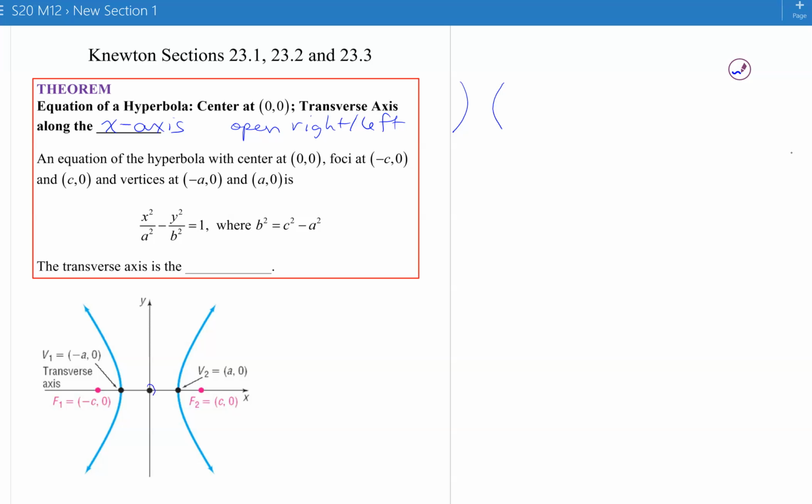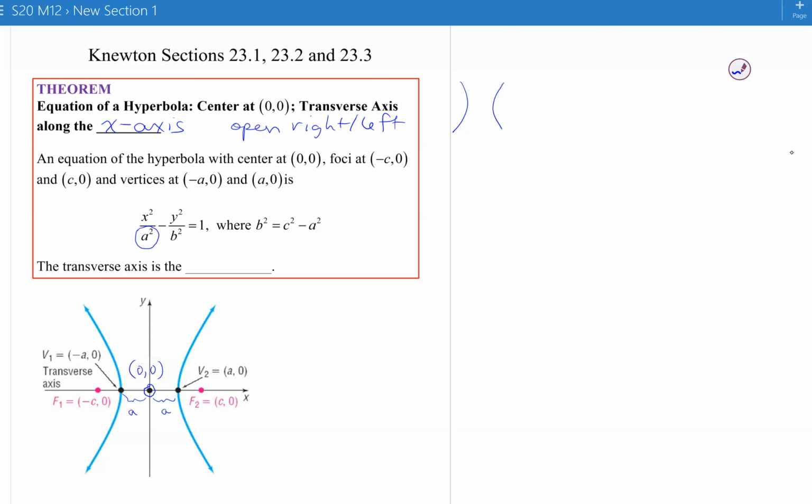We have the point called the center, and here it's at the origin before we have it shift around. Under the x coordinate, this part feels a lot like the ellipse. You go a distance of a to the right and left and make dots.